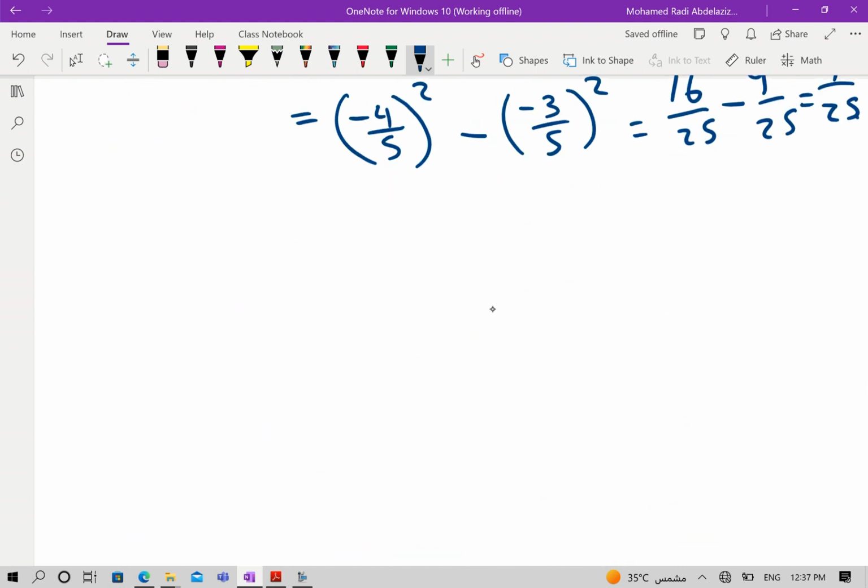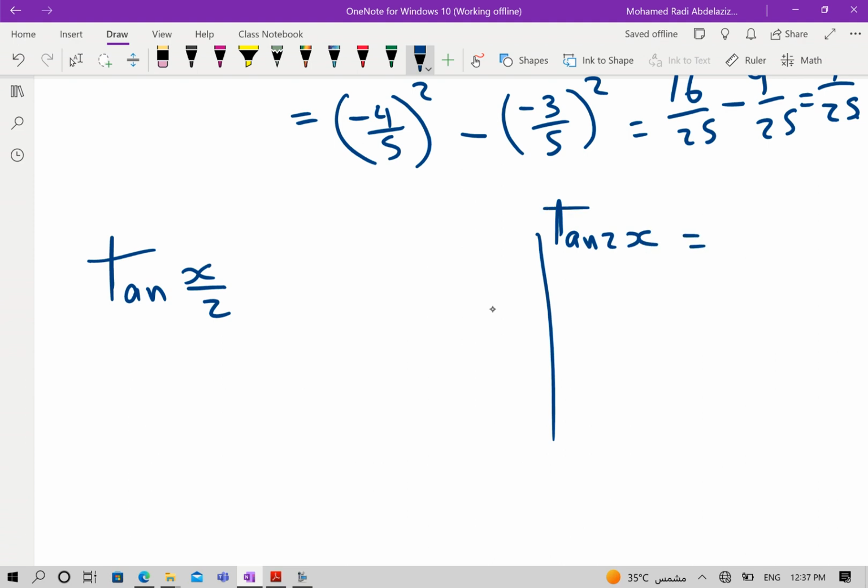Now tan x over 2. We know tan 2x equals 2 tan x over 1 minus tan squared x. We don't have a form for tan x over 2, but we have tan 2x.